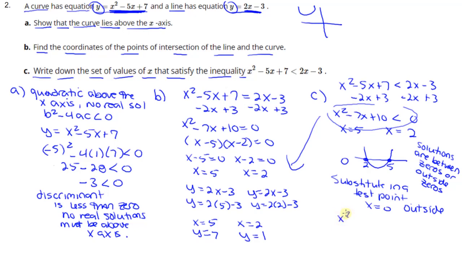So what I want you to do is try that. In the inequality we've got here, plug in 0 for x and tell me if it's true. If it's not, then write the solution that we've found, because it's going to be either inside or outside. Start back up again when you're ready.